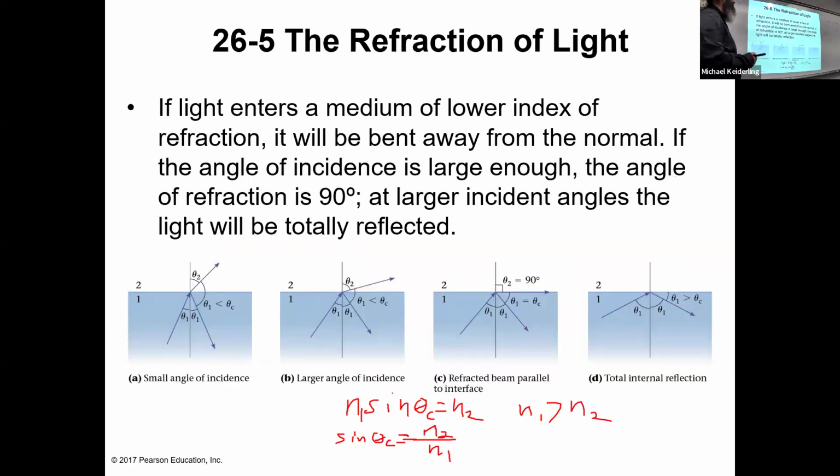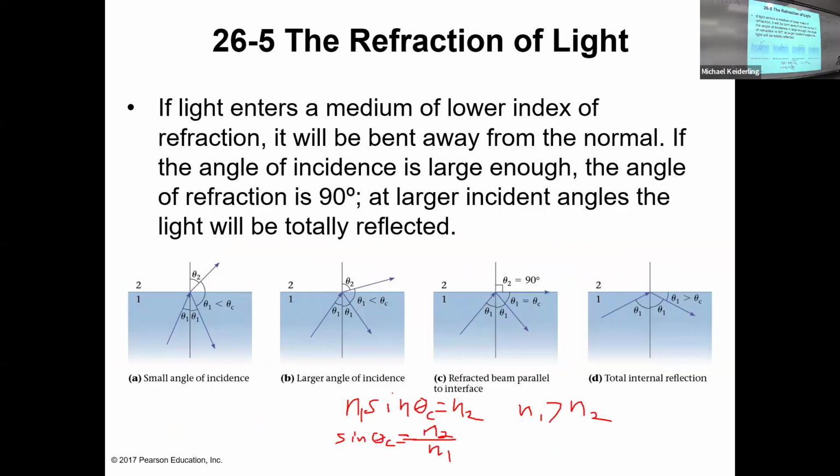So, one of the things that happens is we go from something with a higher index of refraction into something of a lower index of refraction. That angle from the normal is increased. Well, what happens when that angle is increased so that the sine of that angle is greater than 1? You can't have a sine greater than 1.